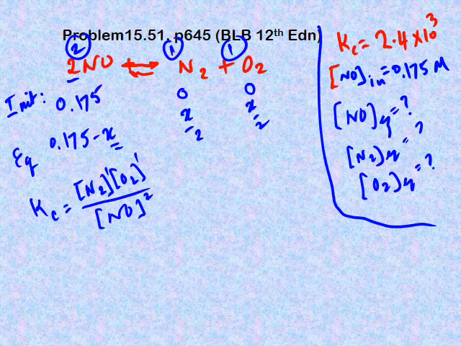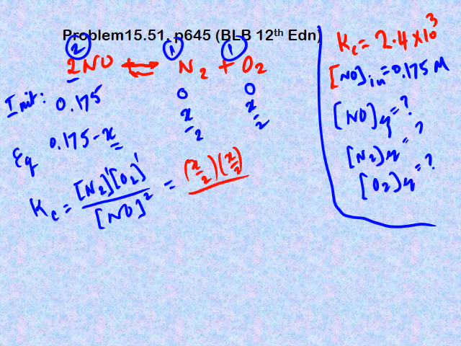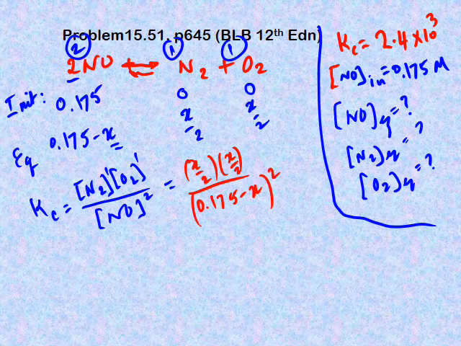Now just plug in those x values, and let's change the color of the pen: x over 2 times x over 2 in place of nitrogen and oxygen. At the bottom you have the NO value, which is 0.175 minus x, squared. So I just plugged in the expressions for N2, O2, and NO.